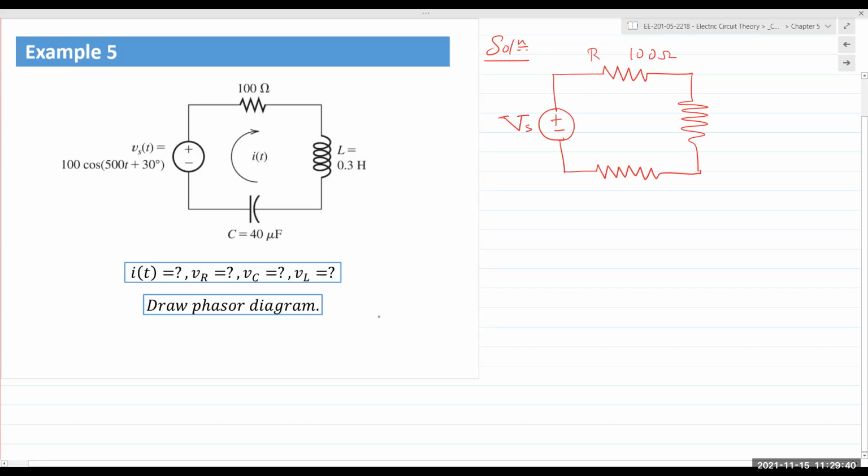Resistor impedance is the same as the resistance, so R of 100 ohms. Inductor is replaced with its impedance ZL. Capacitor is replaced with its impedance ZC.